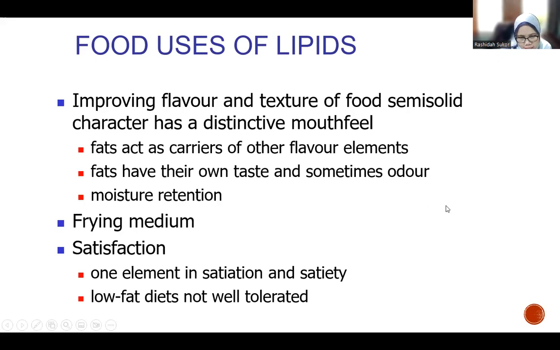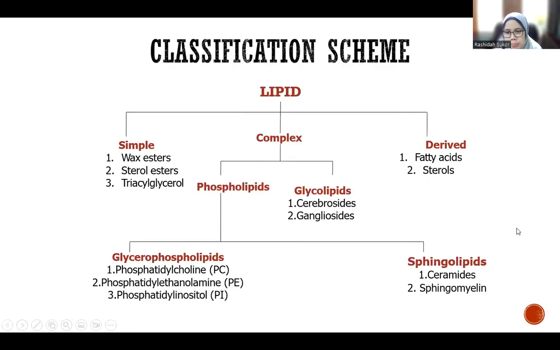And then satisfaction, like when I compare frying your curry puff in oil and the one you make without oil, right? It gives you more satisfaction when you eat the one with fat, because one element in satiation or satiety is fat or lipids. So low fat diets are not well tolerated. This one is more into satisfaction.